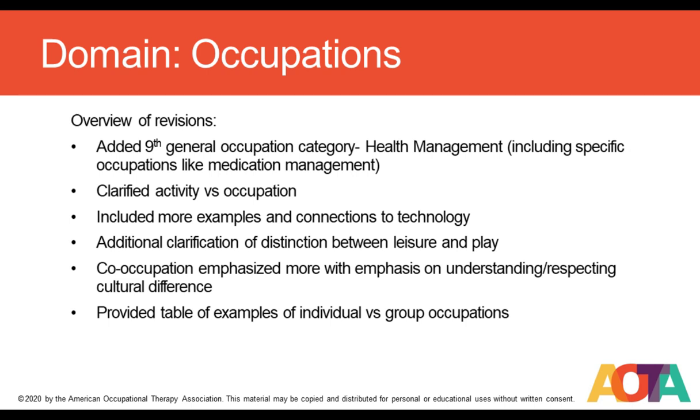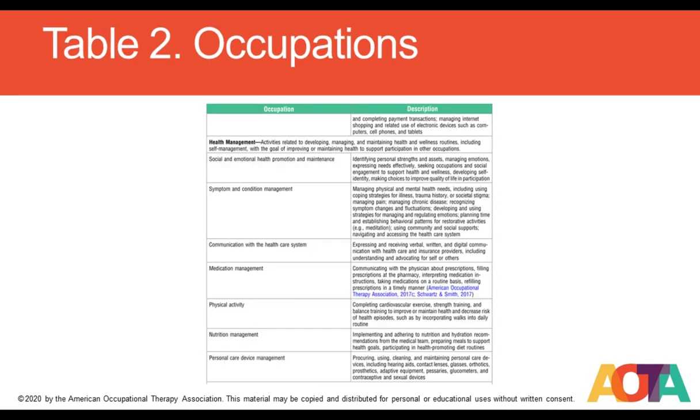Finally, membership has been asking for more clarity on how occupational therapy practitioners intervene on a person, group, and population level. Examples were provided for occupations at both the person and group level, and clarification was provided regarding population level. On the next slide, you can see the updated occupations table with examples taken from the new health management section.